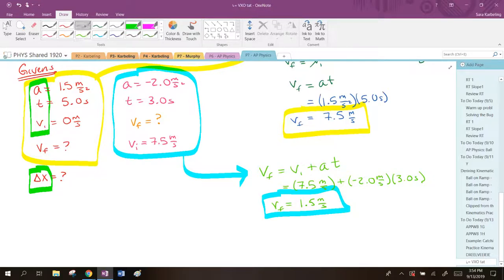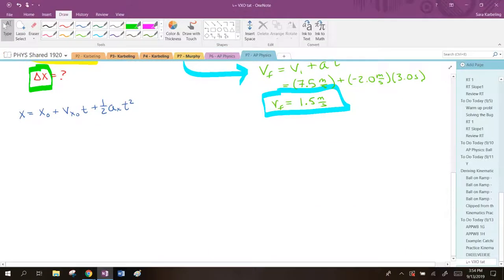Let me help you out. Look at that second one. The second one may be the scariest looking equation from kinematics, but it is, in fact, my very favorite. Okay, let me tell you why. Well, I just like it because it's useful and we use it a lot.